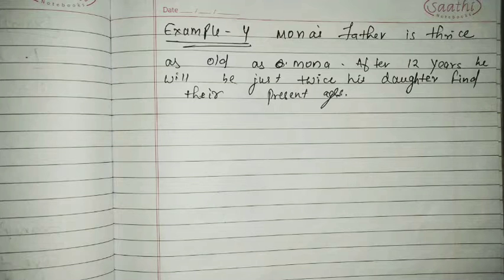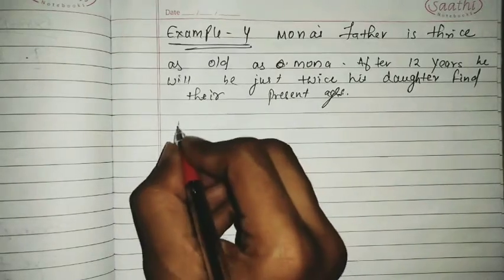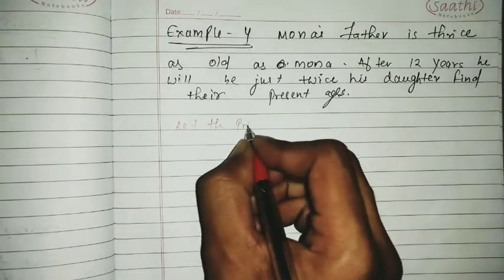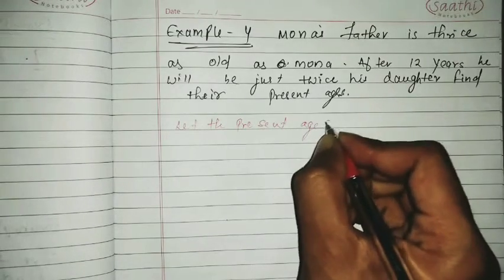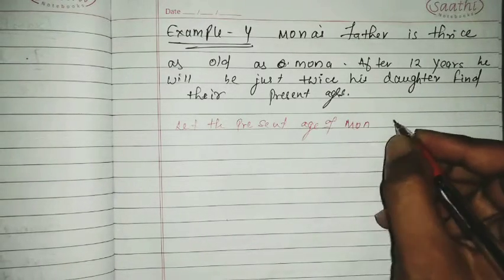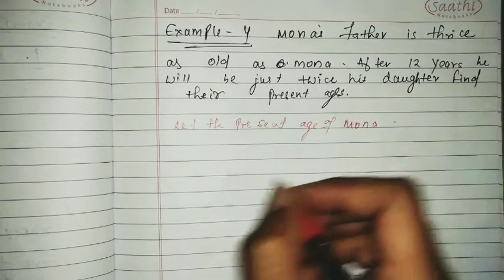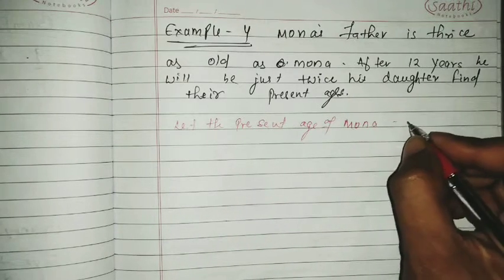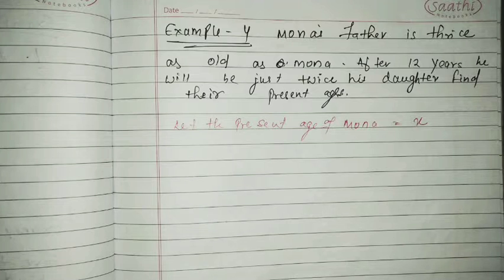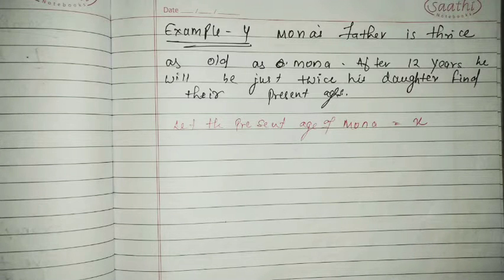We don't know the present age of Mona, so let the present age of Mona be x. Mona's father is thrice as old as Mona. We don't know Mona's age, so let Mona's age be x. So now what will be his father's age?